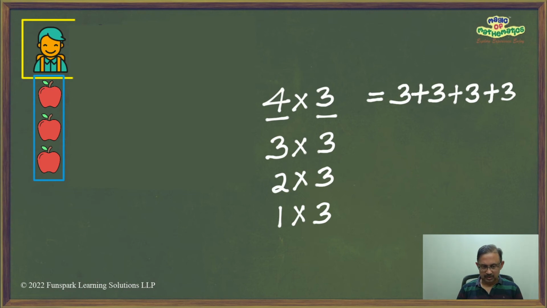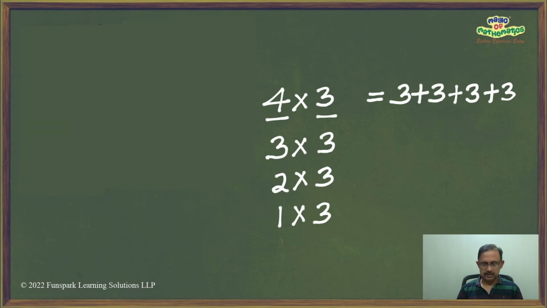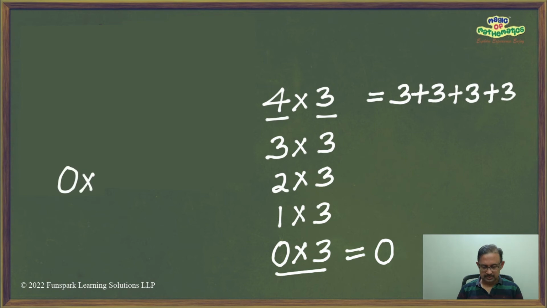But I found no or 0 children. So I can say that I have used up 0 times 3 apples. But we already know that we have not used up any apple. So 0 times 3 equals 0. We can extend this argument to any natural number, that is 0 times a natural number equals 0.